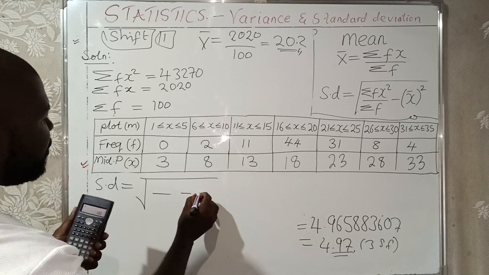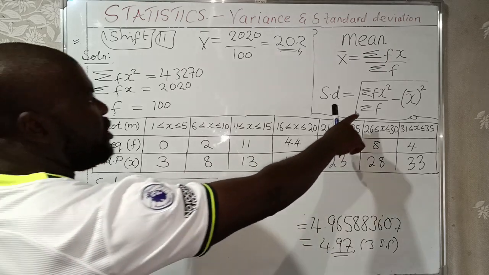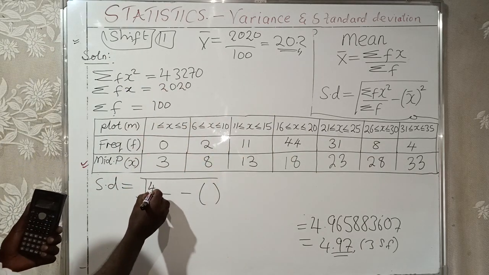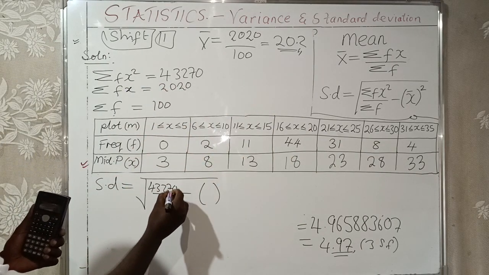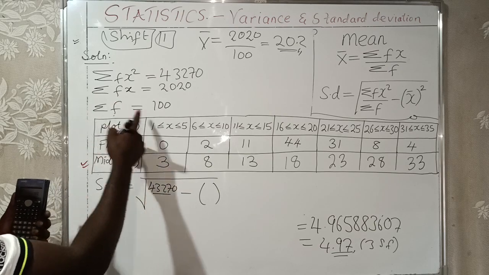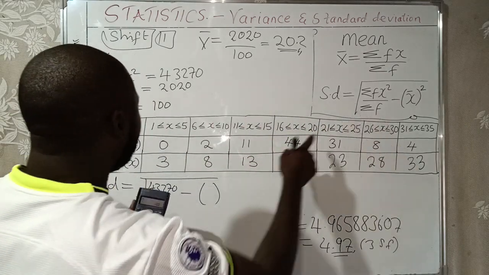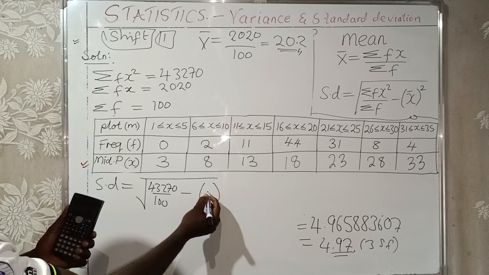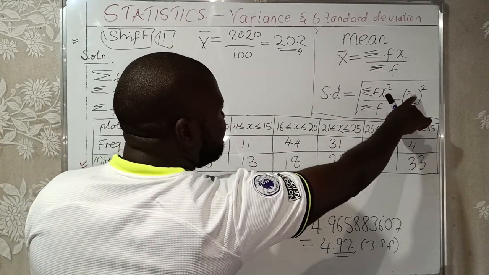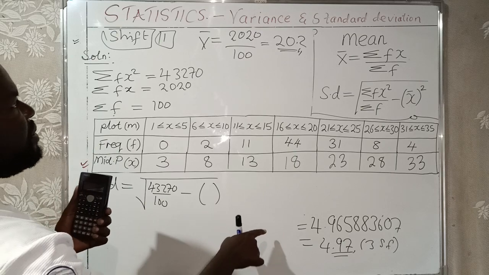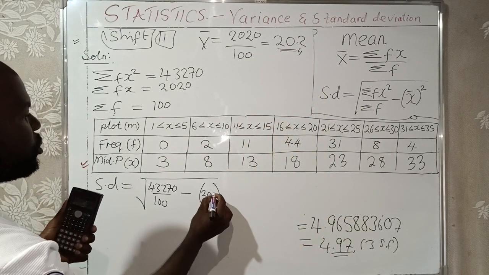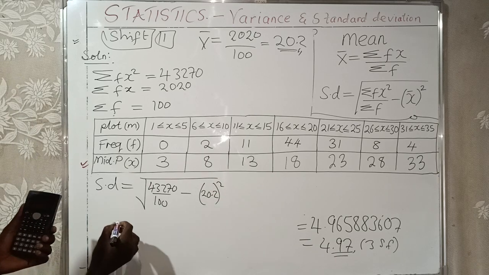Now, when you look at your formula, you have sum of fx squared. Fx squared is 43,270 over sum of f 100 minus x bar, the mean. Mean you got it at 20.2, so you put in 20.2 and you square.